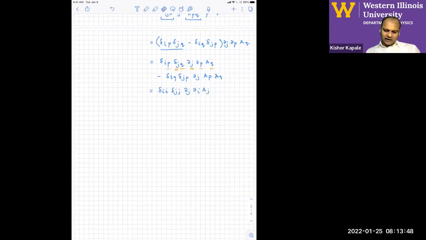And these are now simple numbers, so they are going to be 1. So we can ignore them and just move them here.